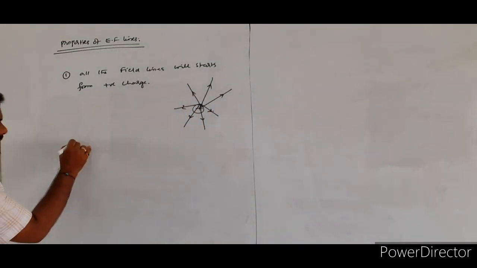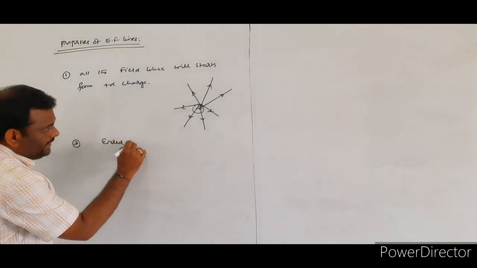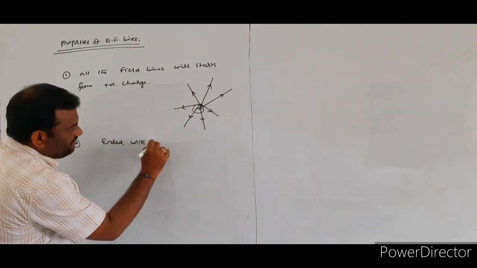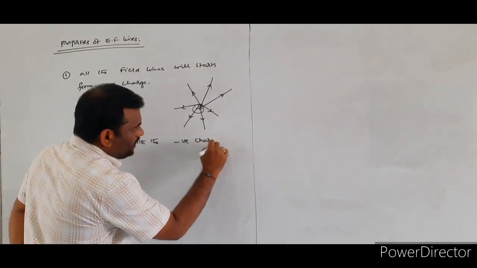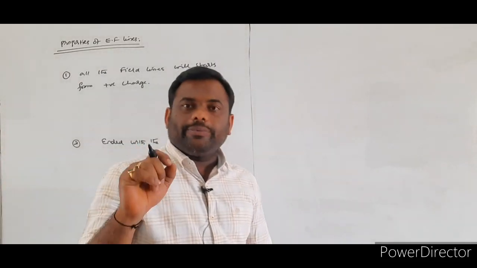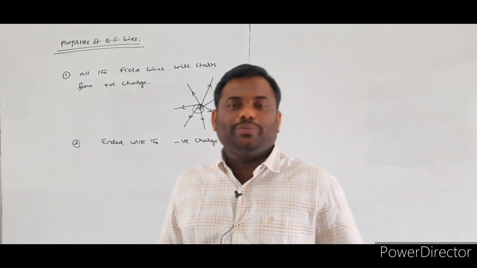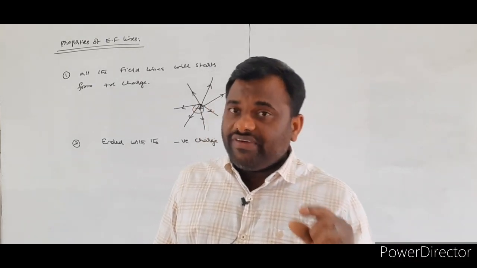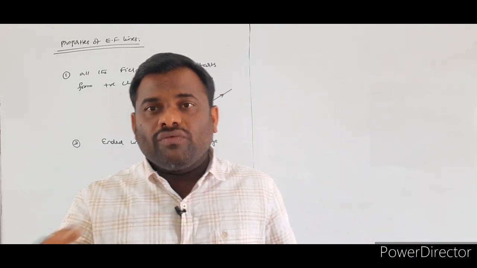And second point, all the field lines end with the negative charge. So what is the first point? If you consider the positively charged particle, all the electric field lines are starting from the positively charged particle and they are moving outwards.